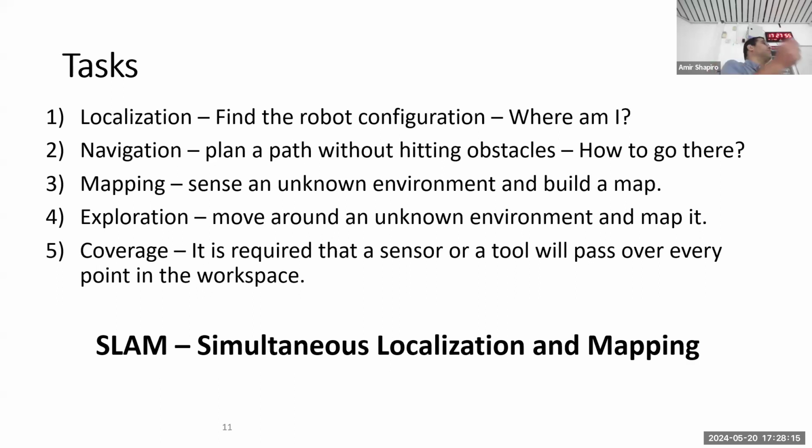Someone kidnapped the robot and put it in some place, and now the robot needs to calculate where it is, look at its surroundings, and based on what it sees, know where it is. So these are two types of localization problem. The second is much more difficult. Even if you know the map, if you don't know where the robot is on the map, it is much more difficult if you don't know the beginning point.